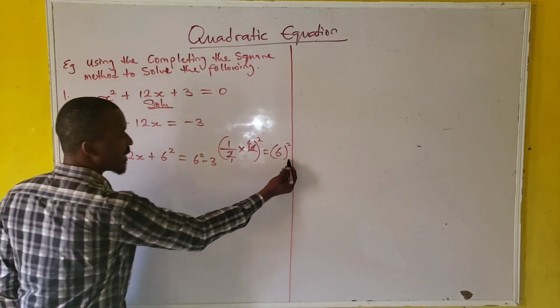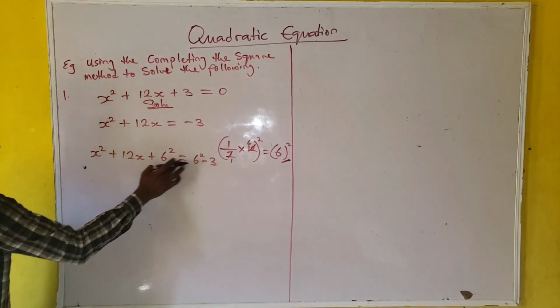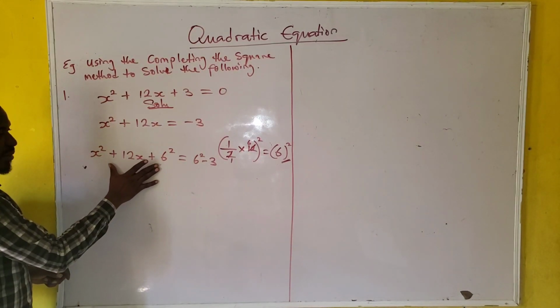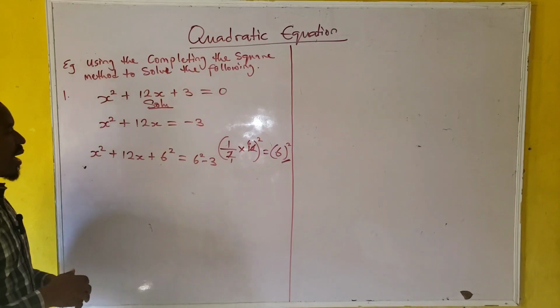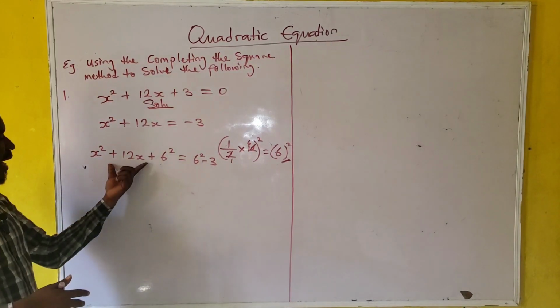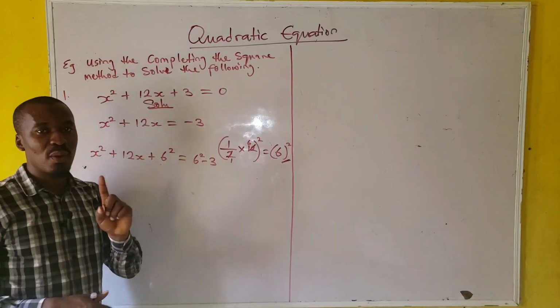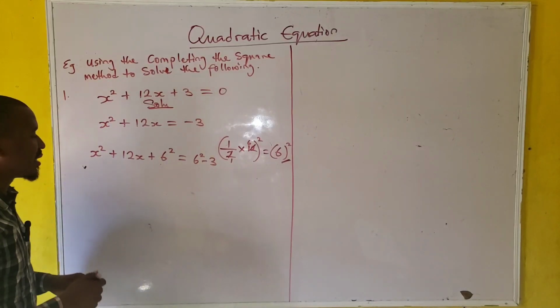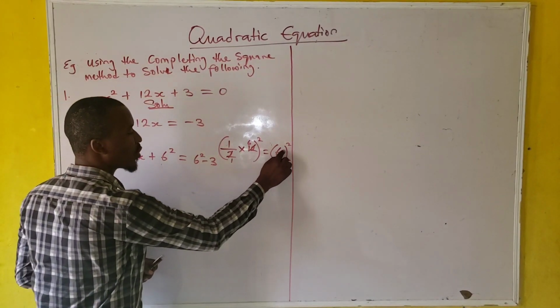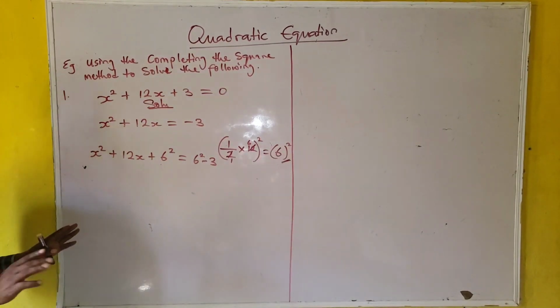Okay, so we have added this on both sides of the equation. With this, the left side is now a perfect square. So that's our step three. The next step is to factorize and simplify. Remember what I told you when I was giving you this step: to factorize this part after you have added what will make it a perfect square is very simple.